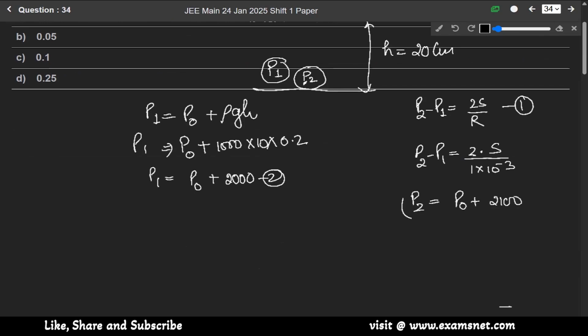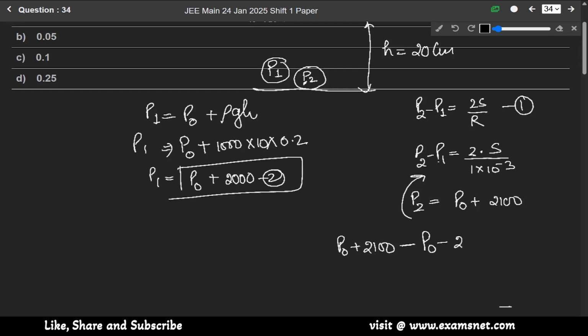So from here we can write P naught plus 2100 minus P1, and P1 is P naught plus 2000, it will be equal to 2S into 10 to the power 3. So this P naught cancels out and it will be 100 equals 2S into 100 into 10.